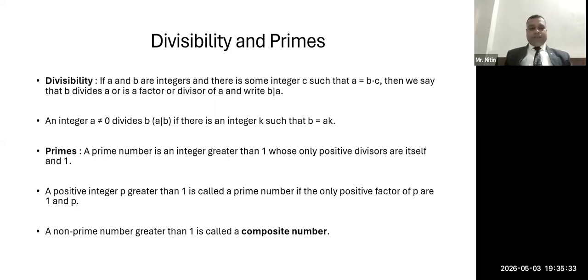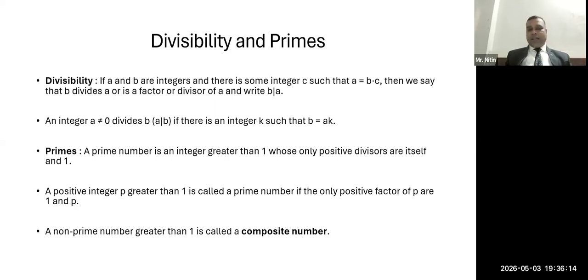If there are two integers, for example A and B, and there is one more integer C, so we have three integers A, B, and C, such that A equals B into C, then we say that B divides A, or B is a factor or divisor of A, and we write this as B | A.